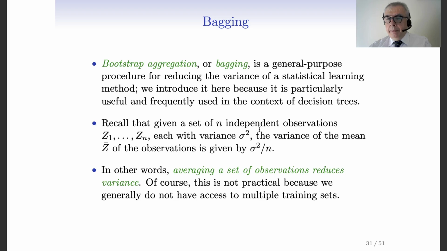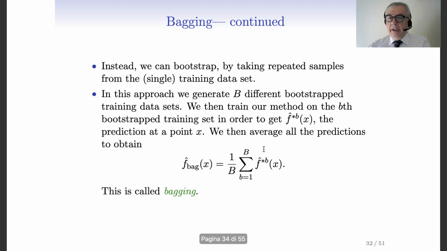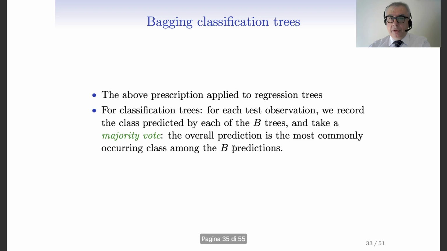But if the observations are not independent, this is not guaranteed, or at least it is not guaranteed that the variance will go down as 1 over n. So it could seem that it is not guaranteed that bagging is going to produce good results, but as a matter of fact, it seems to work.